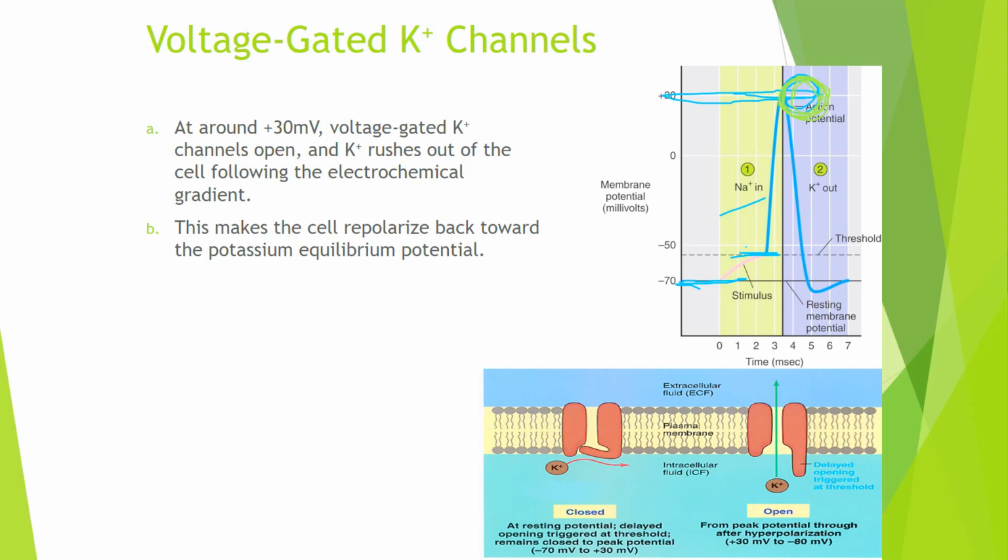Because the equilibrium potential for potassium is at -90, this means it's going to now repolarize the cell because potassium is going to rush out of the cell, following its concentration gradient, because we have higher concentrations of potassium inside the cell versus outside.